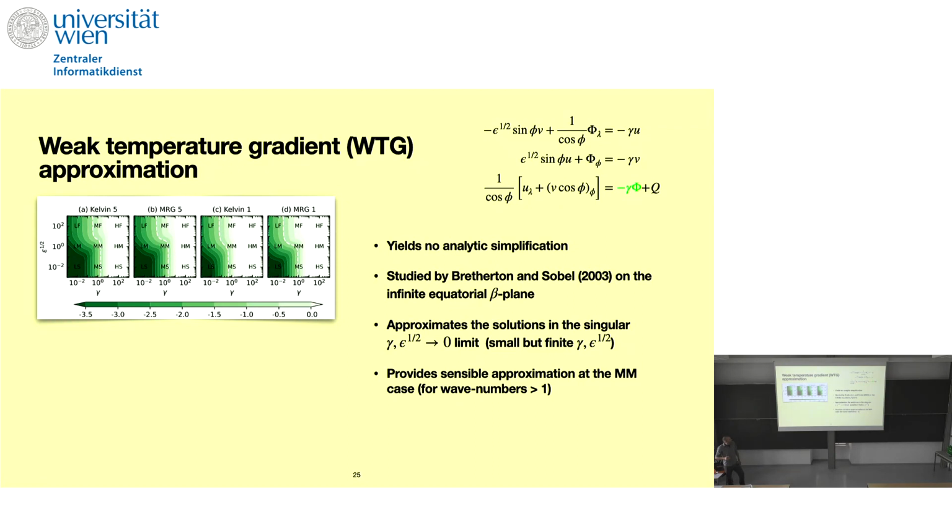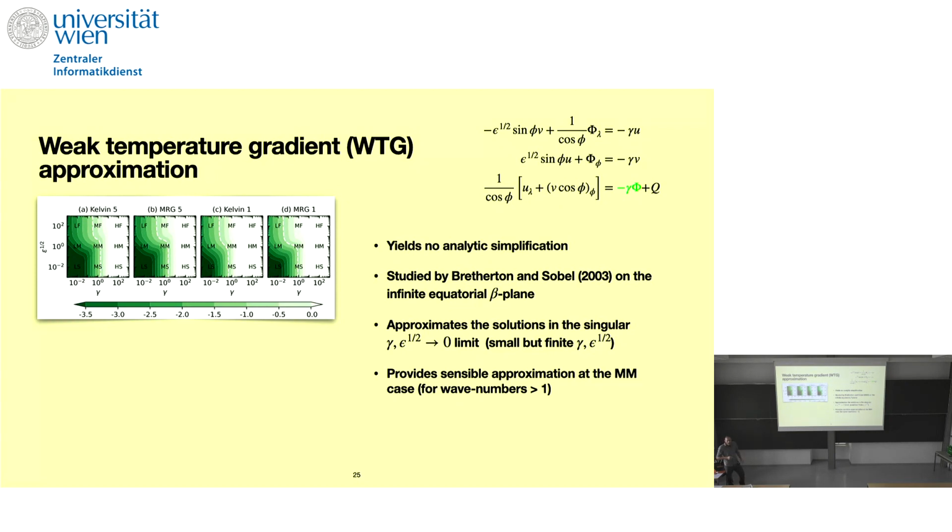It does indeed provide accurate solutions in this region, but it doesn't provide any analytic simplification, so we can only solve it numerically. It's also the best approximation in the region of moderate damping and moderate rotation.